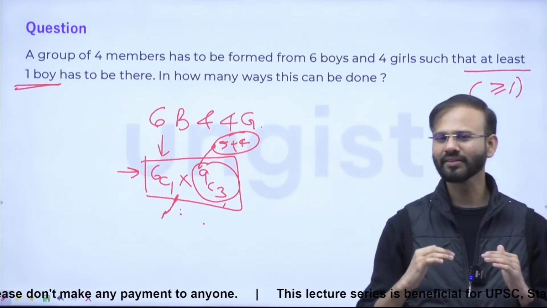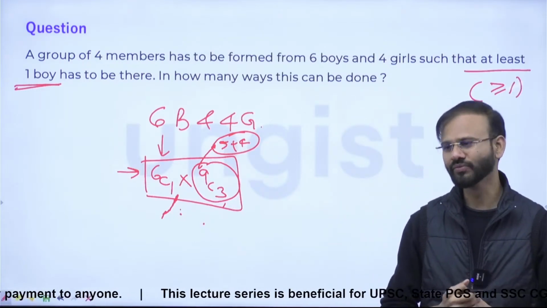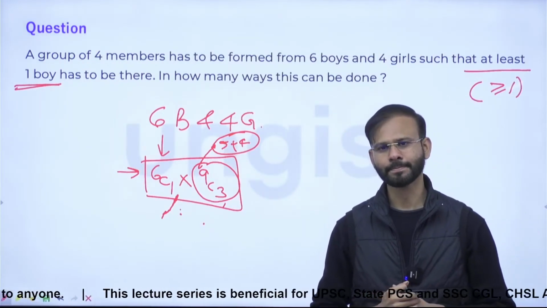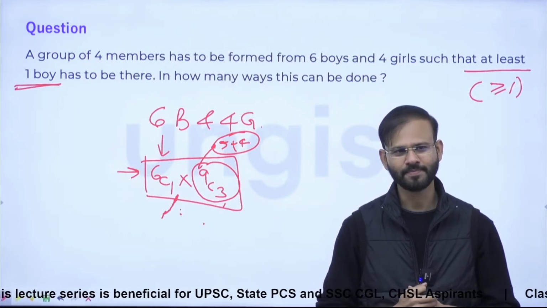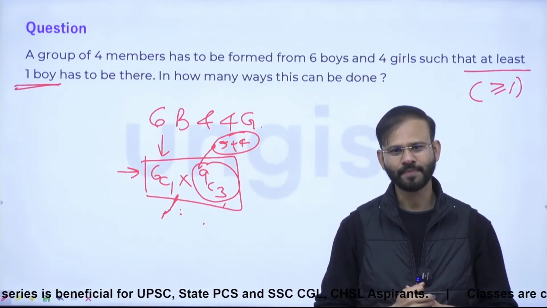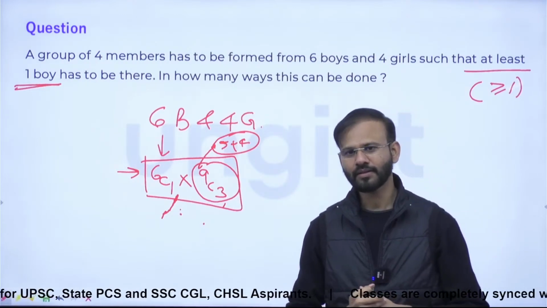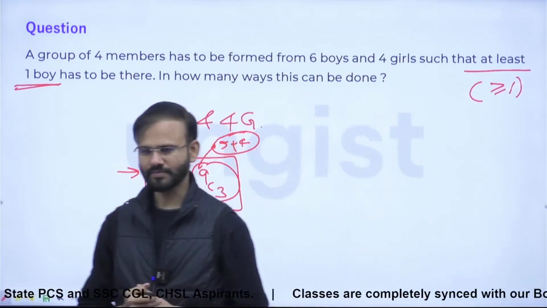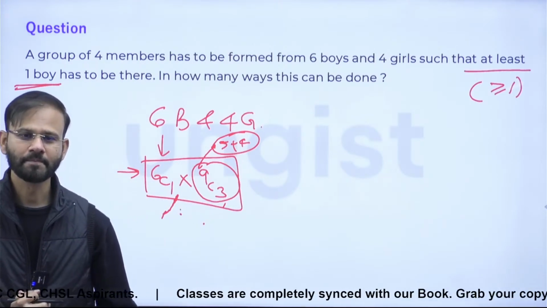Though you are thinking in a right direction, right? Can you prove that? Here also we are taking 6, and then again here we are taking.